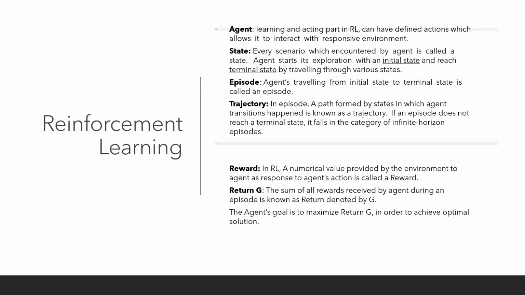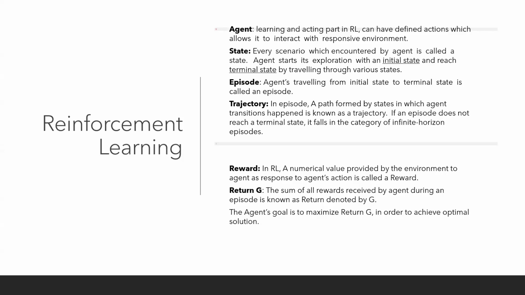So what's called the trajectory? Let's say at the start of an episode, the agent starts from the initial state and reaches the terminal state. In between, the path formed by the states through which the agent transitions is known as a trajectory.